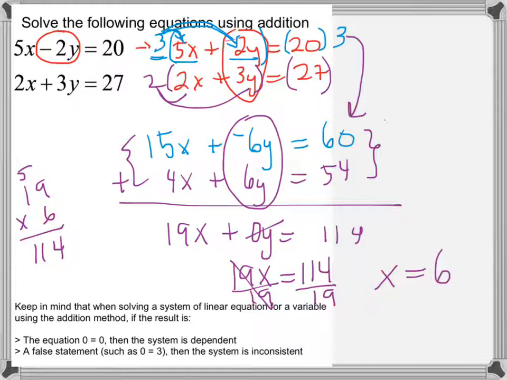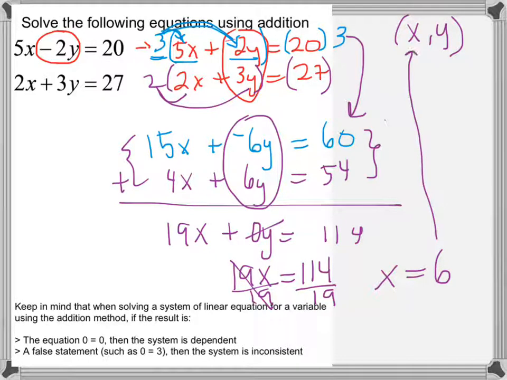Now remember, my ultimate goal is to find an xy pair. Now I have only found the x in that pair. I have not found the y. So in order to find the y, I want to go back to one of the original equations, because these are simpler equations than the ones I've made them into, and plug 6 in for x. And then find what your y is. So I'm going to do this in green here on the side.